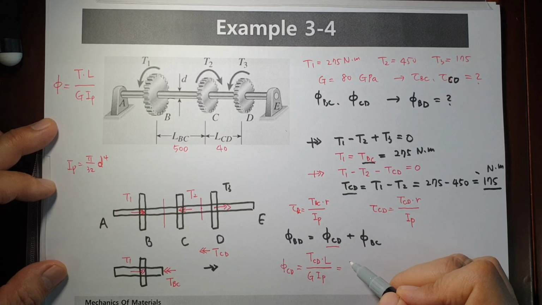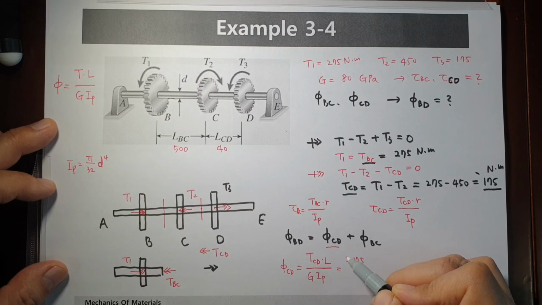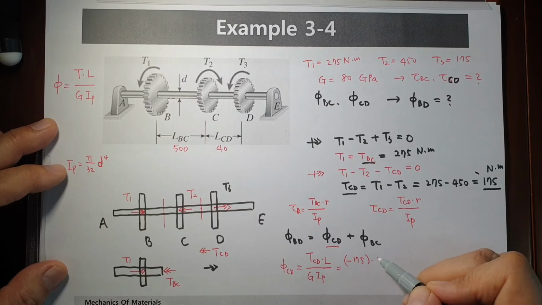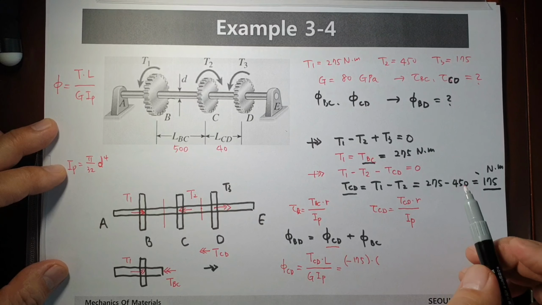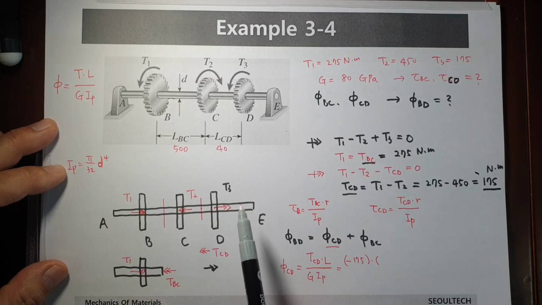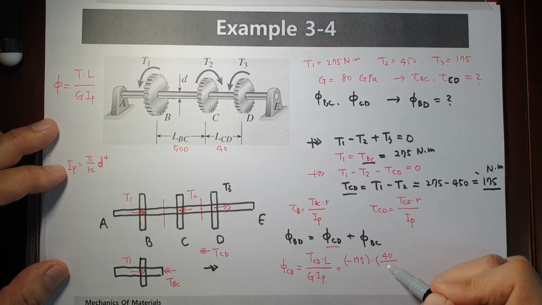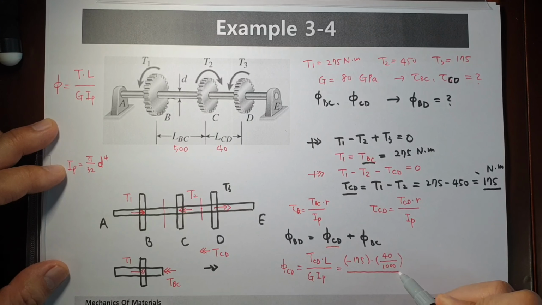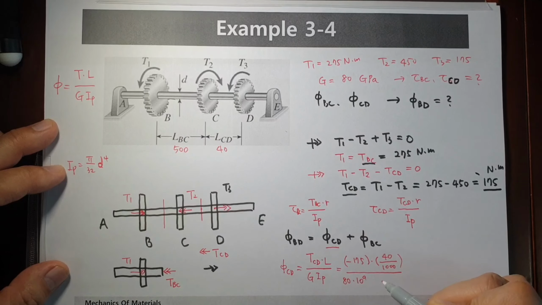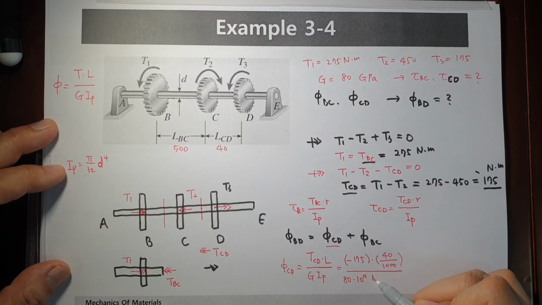TCD equals minus 175, and G is 80 gigapascal, Newton per meter squared.